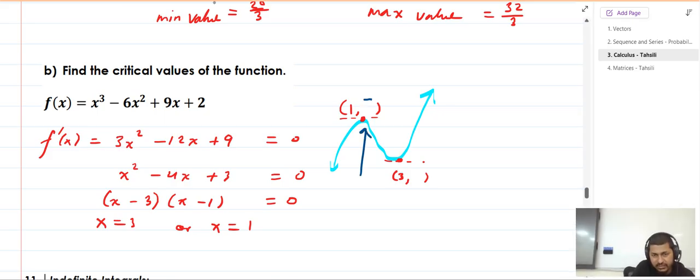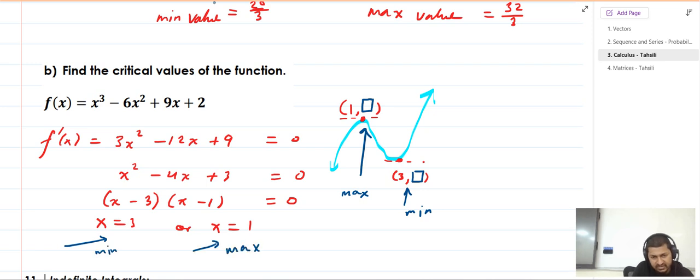We don't know what the maximum y value is. You can substitute 1 into the function to figure out the maximum, and substitute 3 into the function to figure out the minimum, which occurs here, and we don't know what the y value is yet. So remember, the minimum occurs at x equal to 3 and the maximum occurs at x equal to 1. I hope you guys understood that.